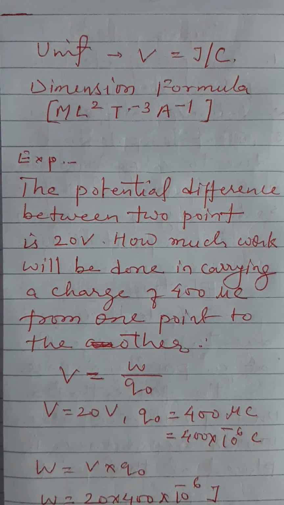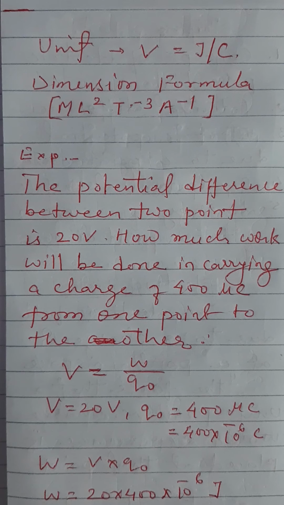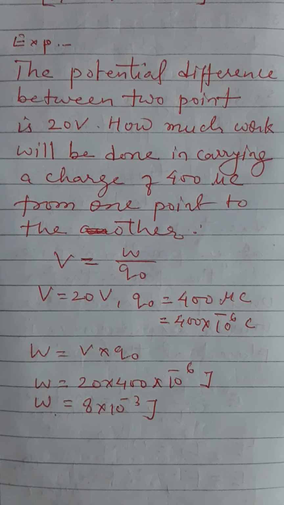Electric potential difference is also a potential, so its unit is the same as electric potential, that is volt, or you can write joule per coulomb, and it has the same dimensional formula, M L square T minus 3 A minus 1.